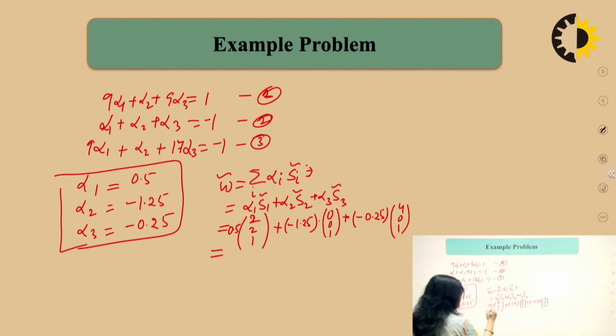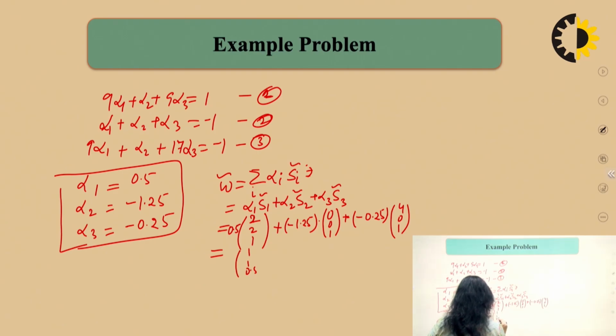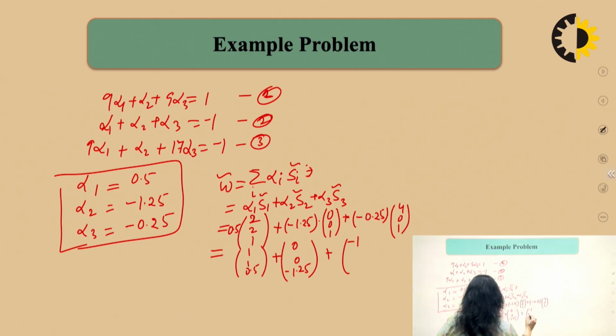If we solve this, in the first step we are solving it component wise. So I will get 0.5, then 0 minus 1.25 and minus 1, 0, minus 0.25, right?